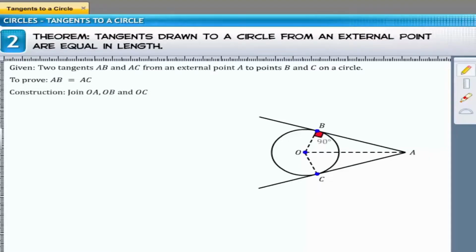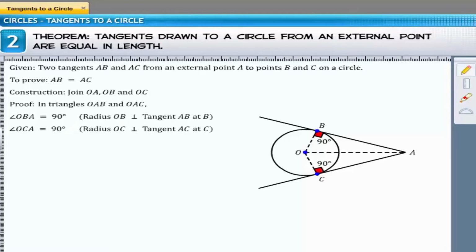Here OB is perpendicular to AB, since the tangent at any point on a circle is perpendicular to the radius drawn to its point of contact. That is, angle OBA is equal to 90 degrees. Similarly, angle OCA is equal to 90 degrees. Now, in triangles OBA and OCA, angle OBA is equal to angle OCA, which is equal to 90 degrees.